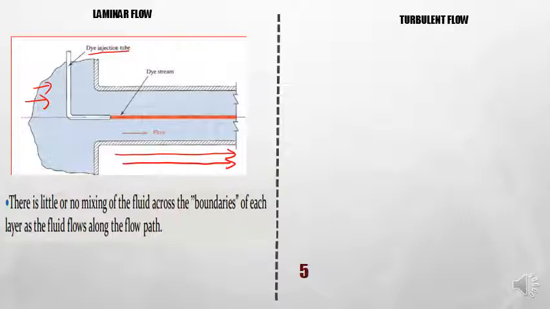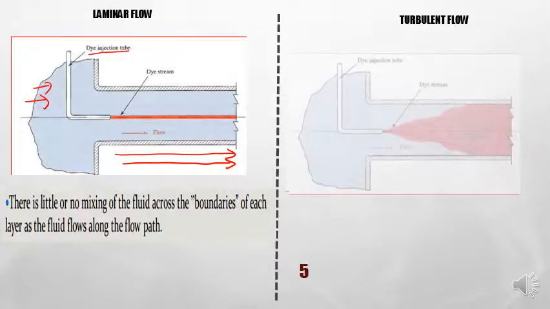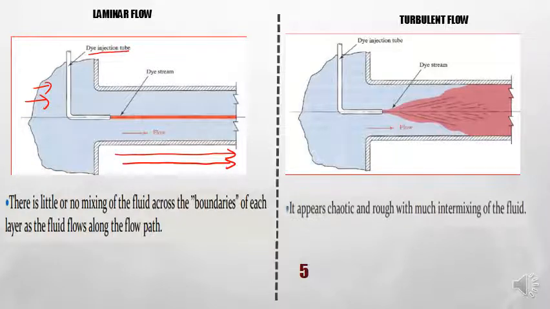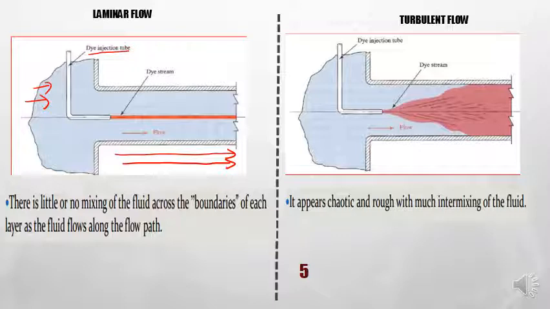But for turbulent flow, if you look at this diagram, once you inject the dye inside the flow, you can notice that the flow is not synchronized, or we say it appears chaotic and rough with much intermixing of the fluid.